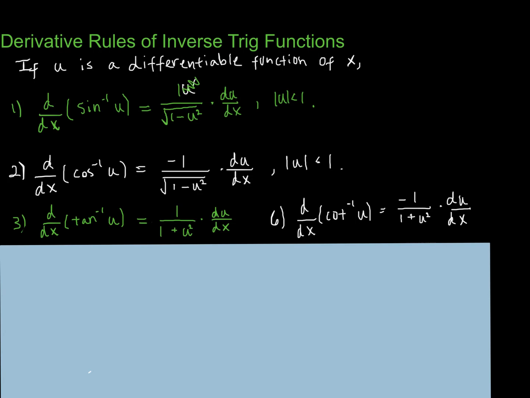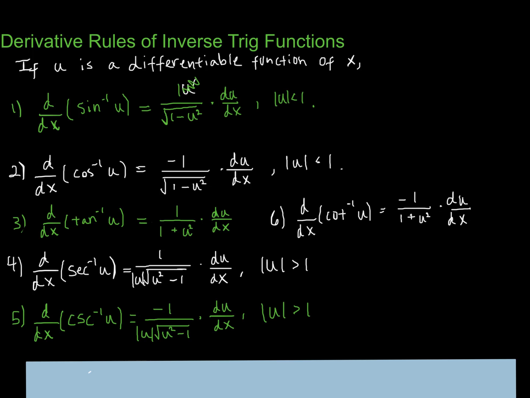Well, the tangent, remember, is just the slope of the terminal side, and we can have any possible slope you could imagine, from perfectly horizontal to perfectly vertical. So no matter what u is, I'll be okay. When I square it, it'll never be negative, so I'll never have 0 down here. And you can think about how you'd prove this, and we can do so in class if you want.